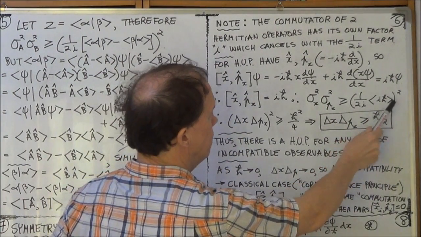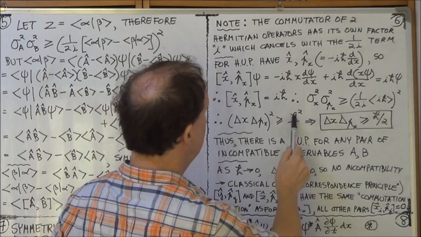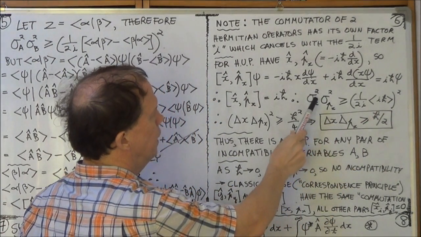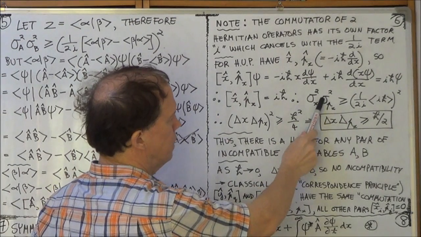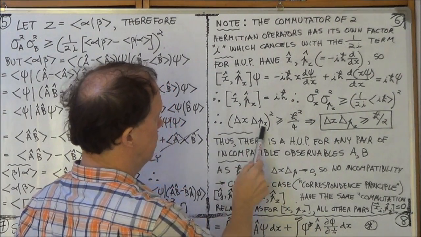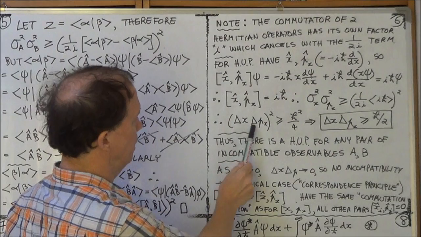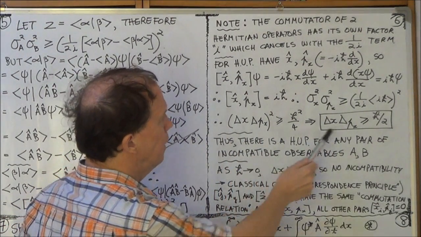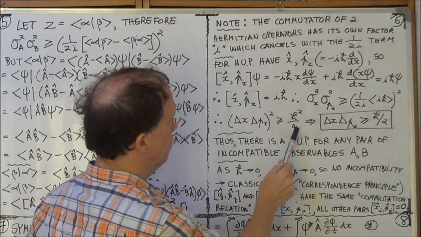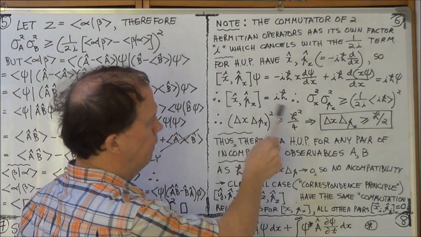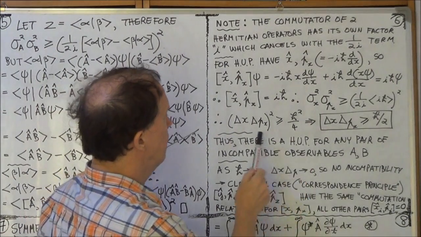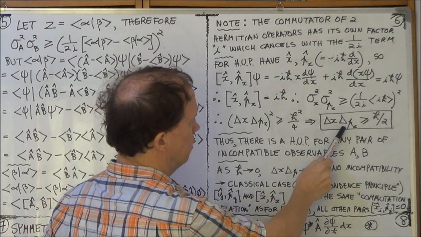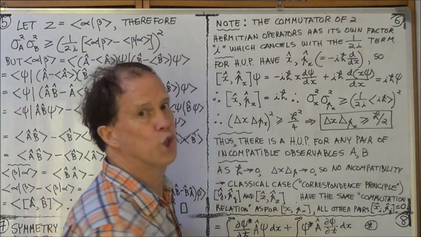The i's cancel, you get h bar squared over 4. So sigma x squared times sigma p squared, which is the uncertainty x times the uncertainty p squared, is greater than or equal to h bar squared over 4. Take the square root of both sides, and hence delta x delta p is greater than or equal to h bar over 2.